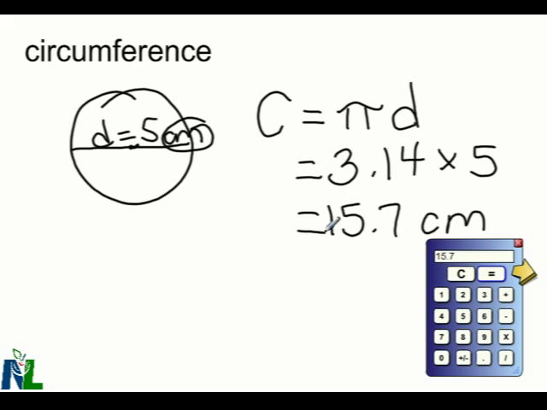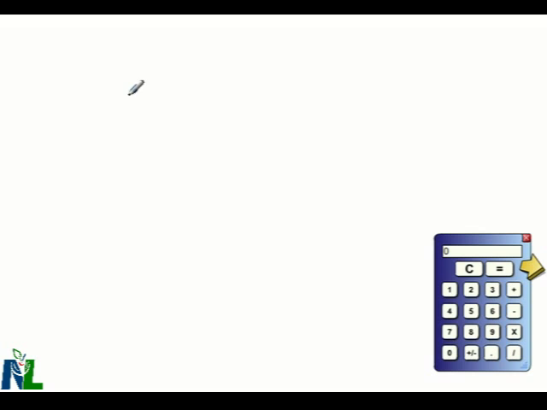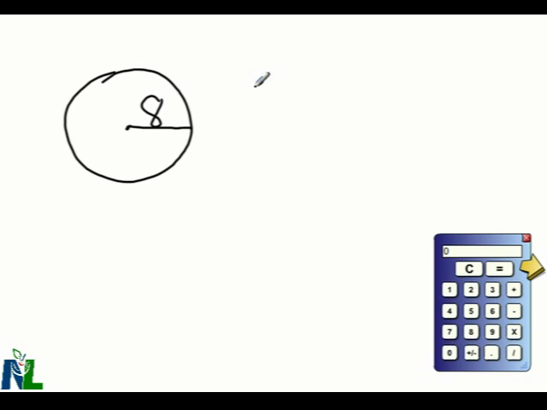Now, we also could have a circle given to us, and instead of giving us the diameter, they may give us the radius. And say, for example, the radius is 8. Okay? And if we're going to find the distance around the circle, we still are going to use the lovely number pi.